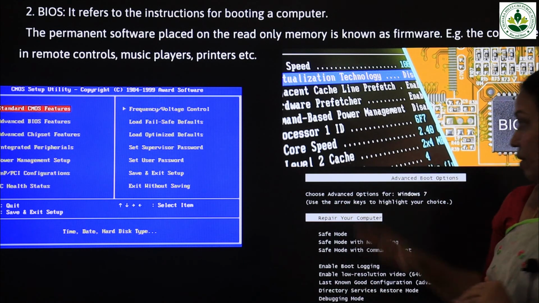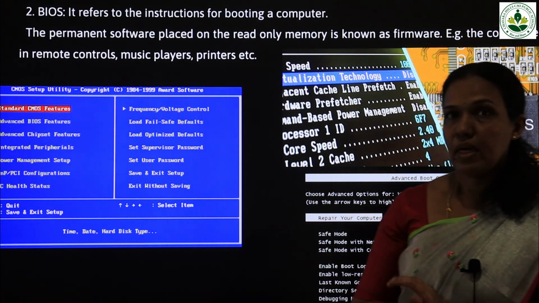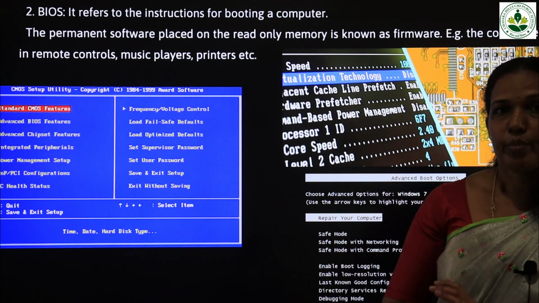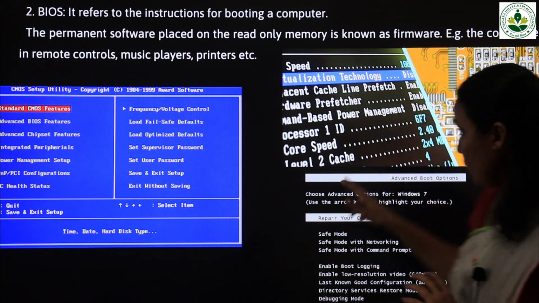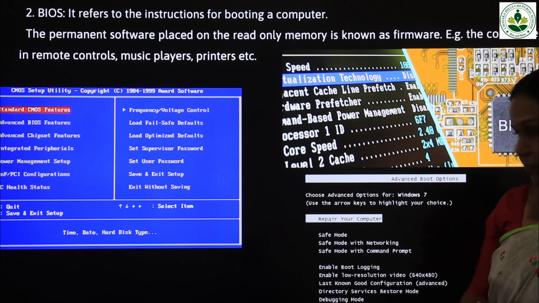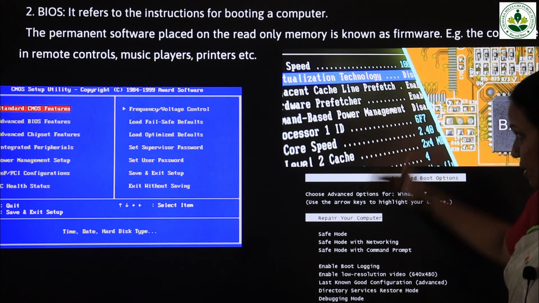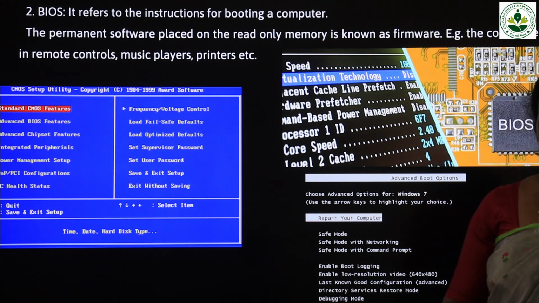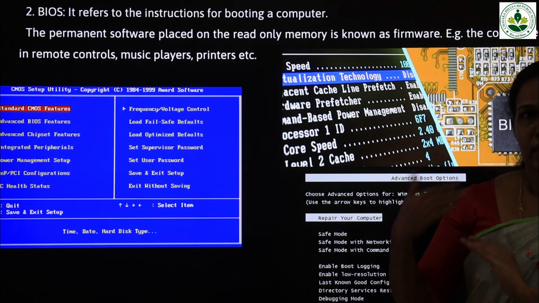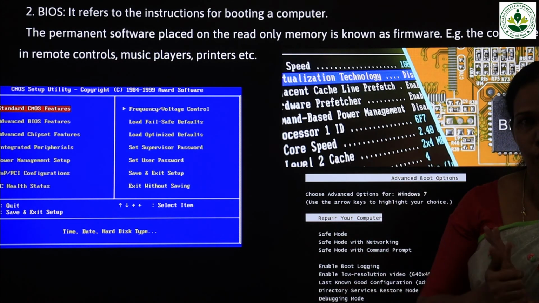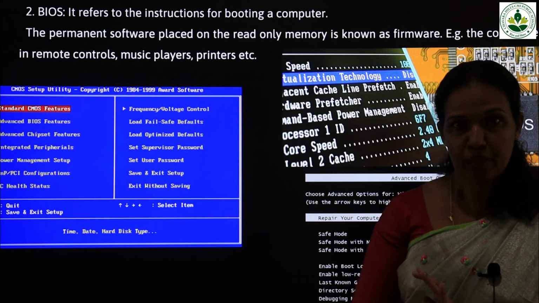Suppose you switch on the computer and it is suddenly switched off. Then when you switch it on again, you can see a screen like this: repair your computer, safe mode with networking. This is a booting screen. It checks whether any failure happened, because we did not shut down the system properly.